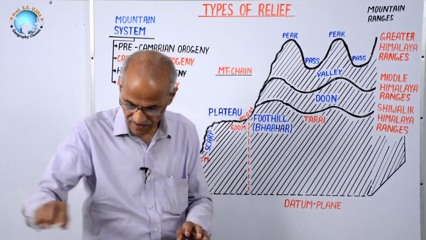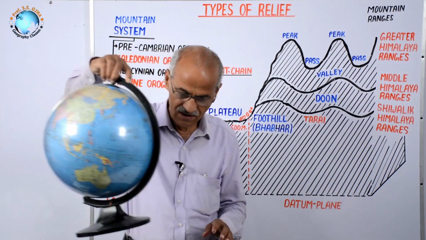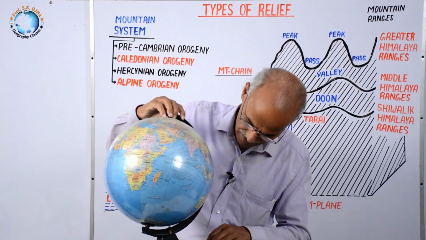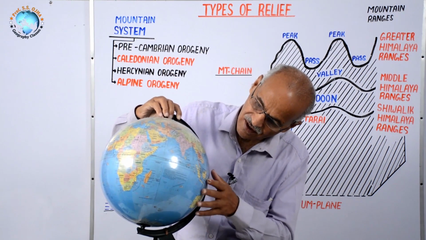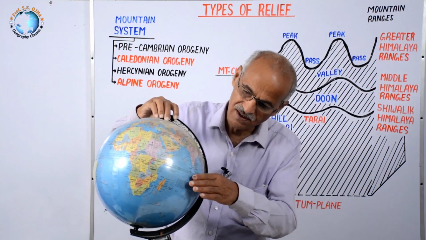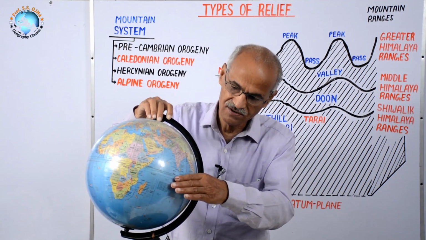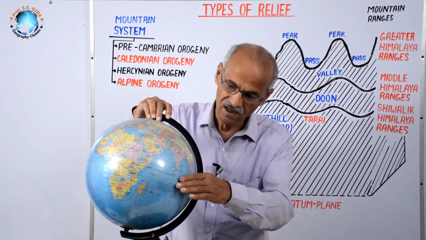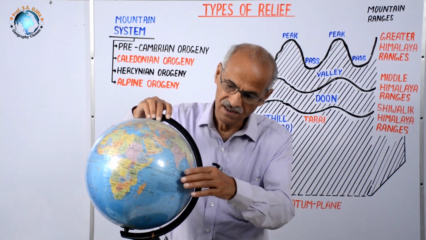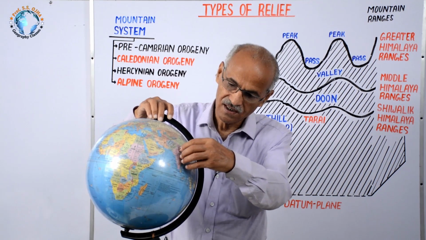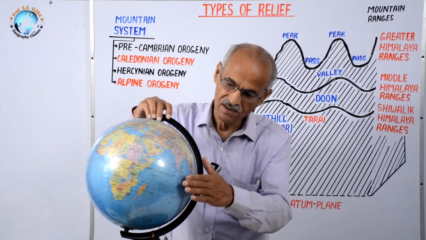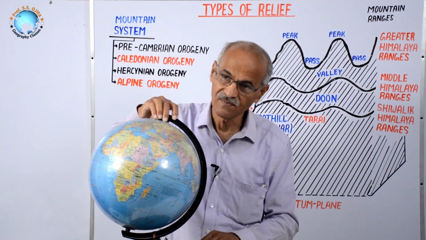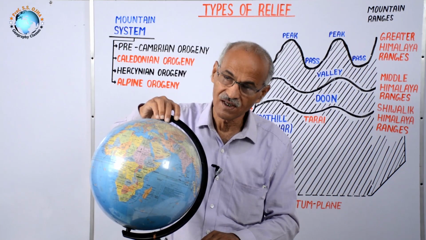For example, if we cut India at sea level, here at Kanyakumari, with a very sharp knife at datum plane and take away the Indian peninsula, then you will get a very flat surface, that is an imaginary plane, and that is called datum plane.